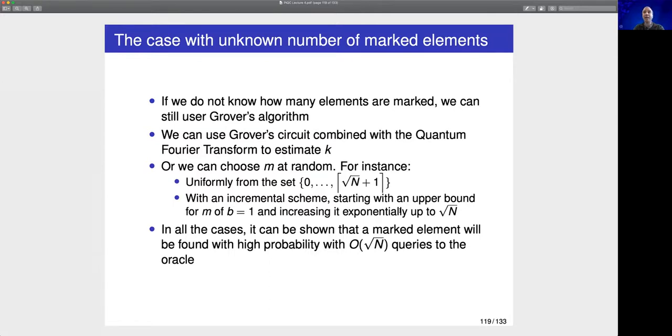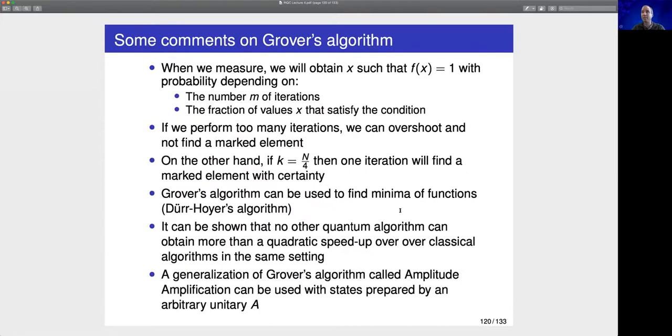Okay, so just some final comments before running this algorithm, if you don't have any question up to this point. First, notice that we are going to obtain a measurement from this Grover's algorithm.